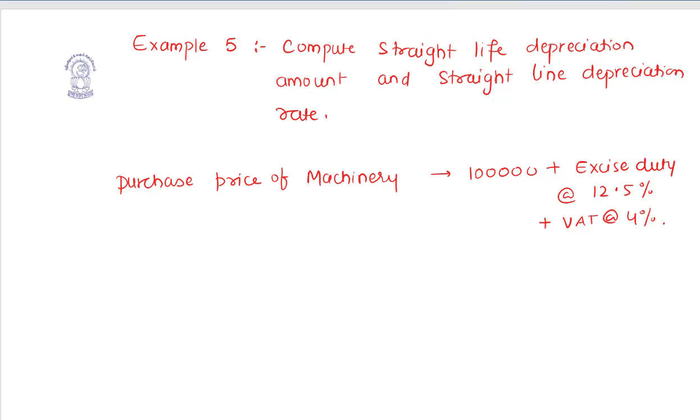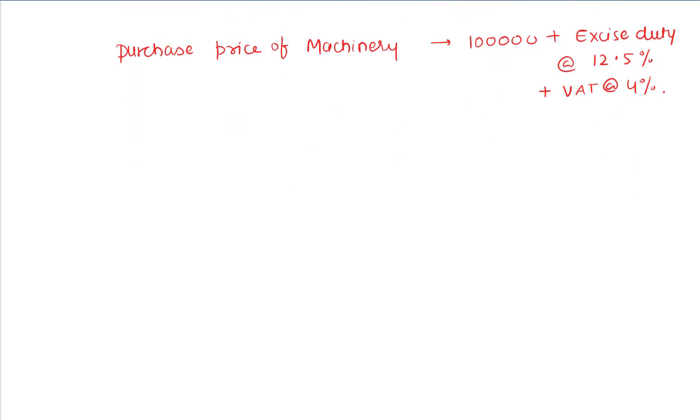I believe you understood the purchase price. So purchase price over here is 1 lakh plus excise duty of 12.5% plus VAT at the rate 4%. I believe it is clear. Continue.